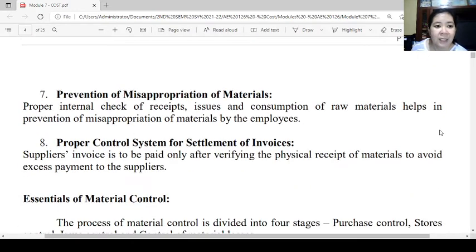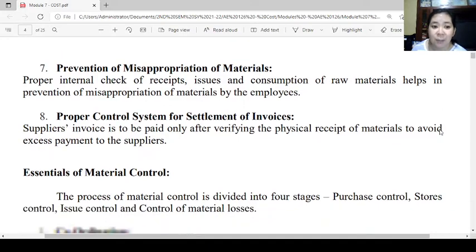Number 7, prevention of misappropriation of materials. Of course this is to avoid fraud on the part of the employees and other members of the entity. Number 8 is proper control of system for settlement of invoices. This is very important because it has to be paid only after verifying the physical receipt of the correct materials, to avoid excess payment to the suppliers.